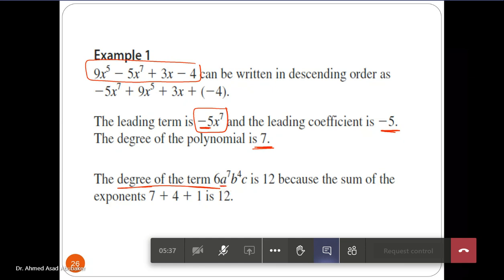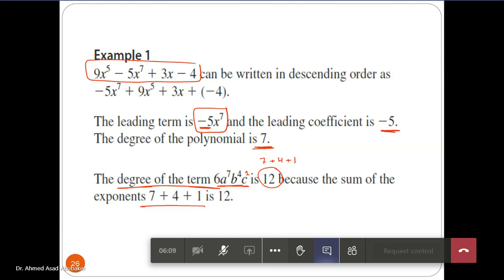A has exponent 7, B with exponent 4, C with exponent 1. This is 1, but we cannot write the 1. So this term has degree 12, from 7 plus 4 plus 1. Okay? Like this.